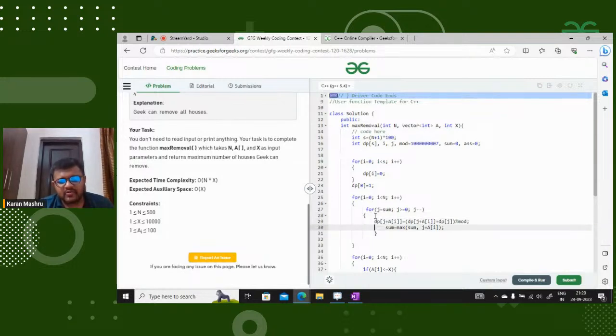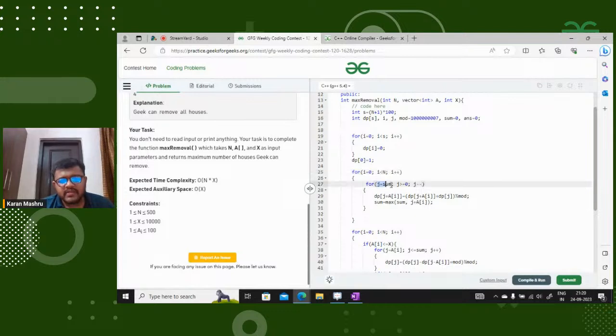Now how have I calculated it? I have looped over all the elements for i equals to 0 to n, and I have looped in reverse for j equals to sum, j greater than or equal to 0, j minus minus.